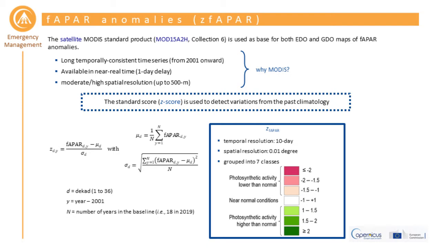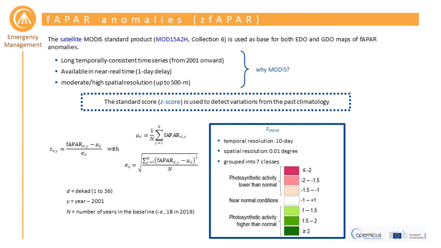And then what we usually show is not actually the FAPAR anomalies itself, but a classification of this data in 7 classes, which is updated every 10 days, as we do for the soil moisture. And it has a spatial resolution of 0.01 degree, which is approximately 1 kilometer.